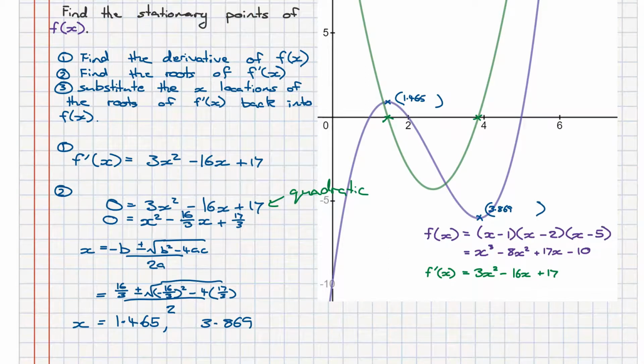Alright, so we've got the locations of x, but now we need to know the locations of y. From previous experience, if you've got the location of x, it's simply a matter of asking what is f of 1.465.